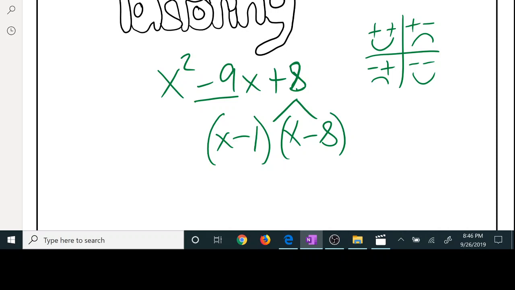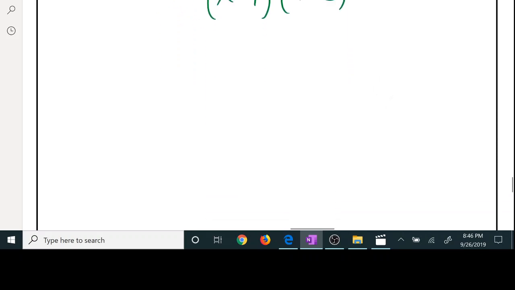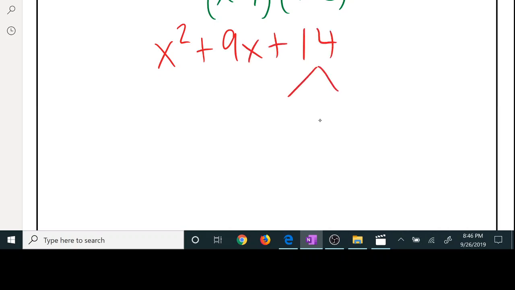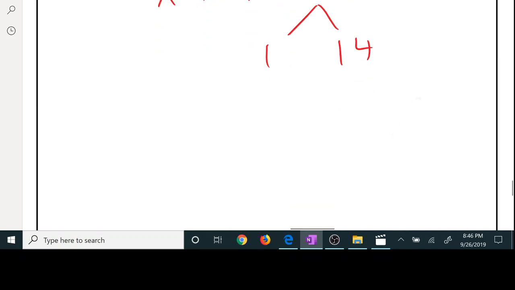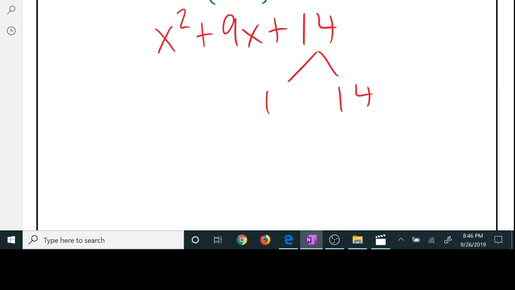All right, so for my next two, they're going to be pretty similar. X squared plus 9x plus 14. So let's check it out. 1 and 14? No, that's not going to work, right? 1 plus 14 is 15.